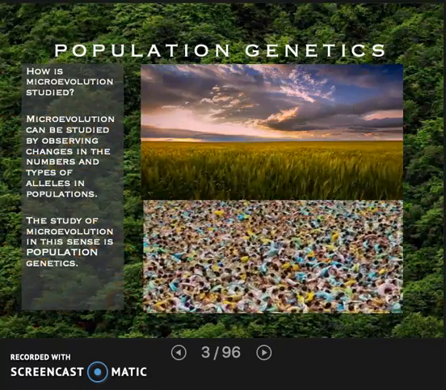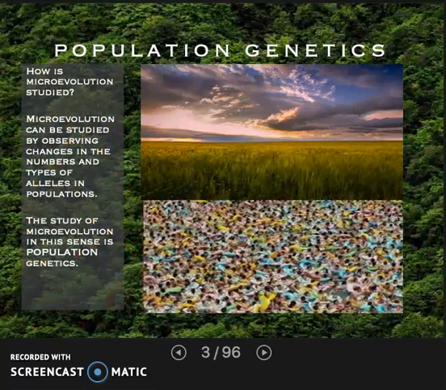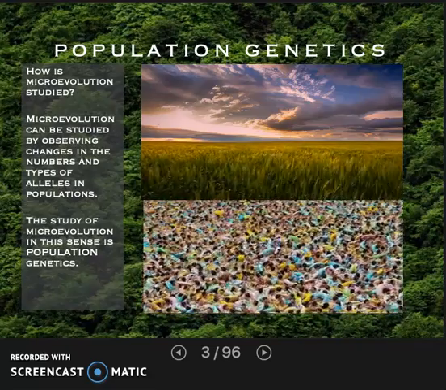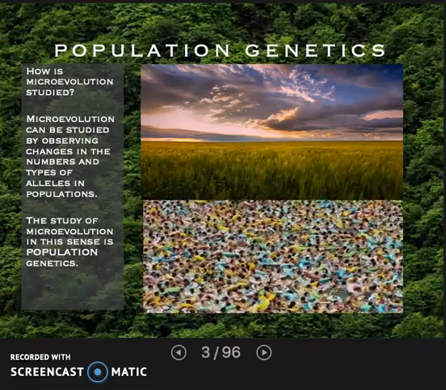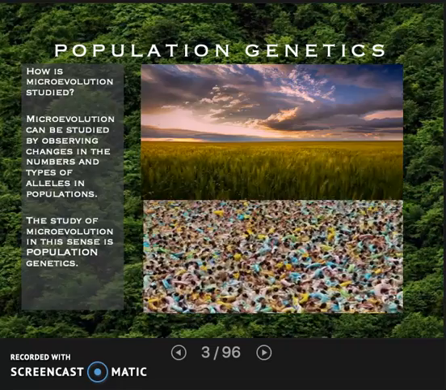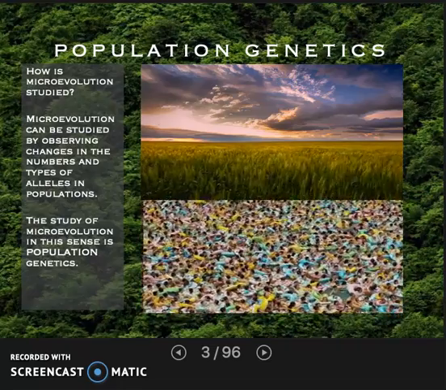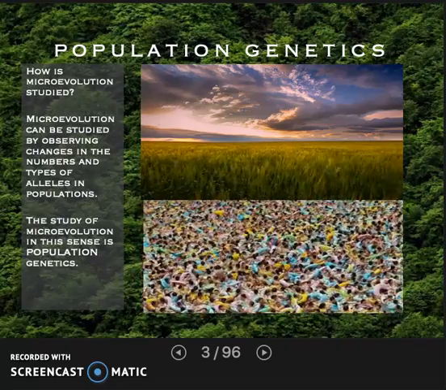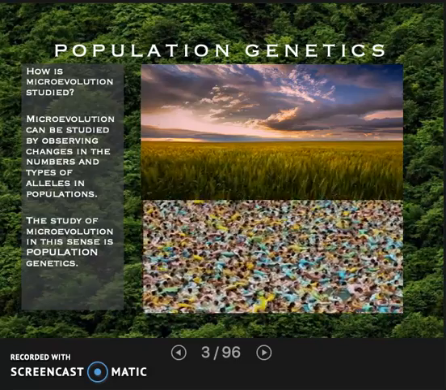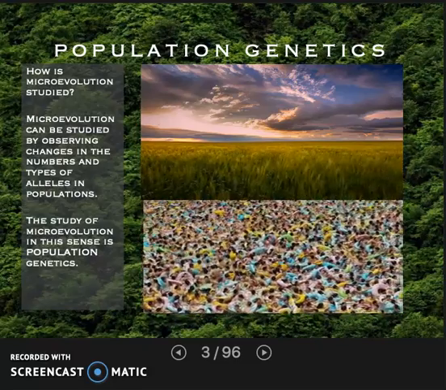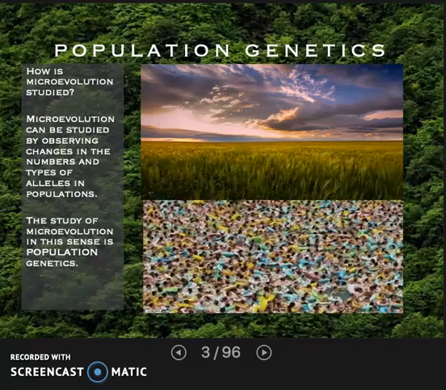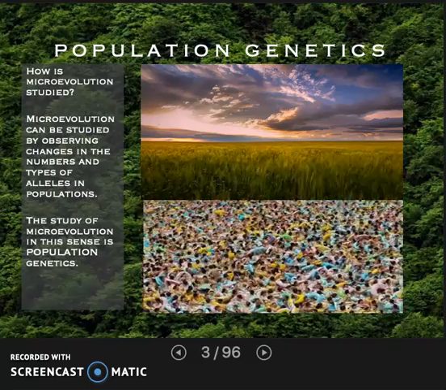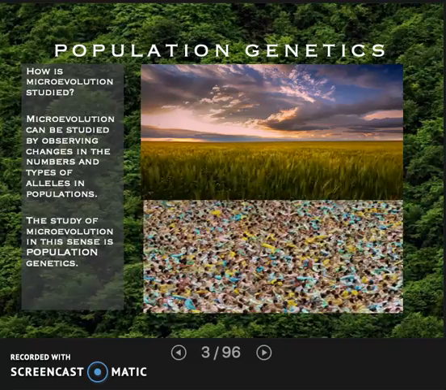Well, microevolution and population genetics are ways of looking at specifically the change in the types and numbers of alleles. All right, so remember that an allele was a different copy of the gene. We'll use this eye color bogus example just because it's very simplistic.